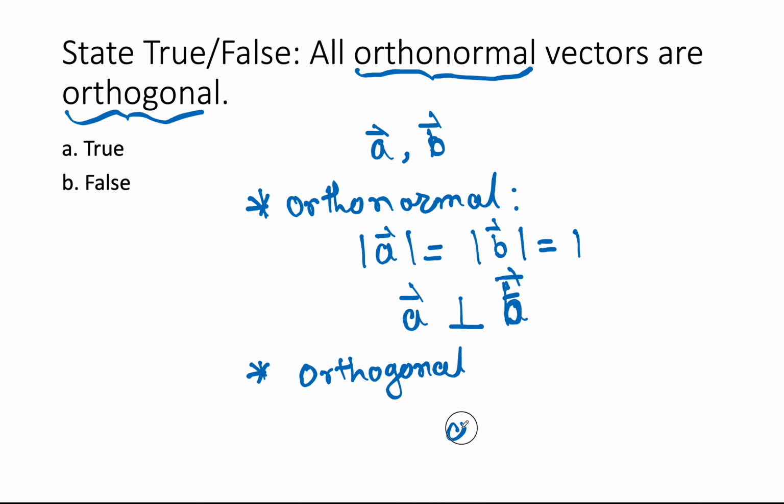For the orthogonality condition, if the vectors are just perpendicular, that is enough. So we can see that orthonormal has to satisfy this additional constraint along with the condition of perpendicularity, or orthogonality. So it automatically satisfies the condition for orthogonal vectors. So if the vectors are orthonormal, they are also orthogonal. So this is true.